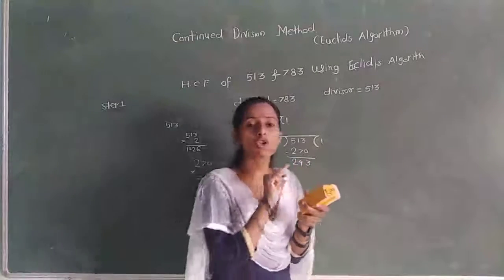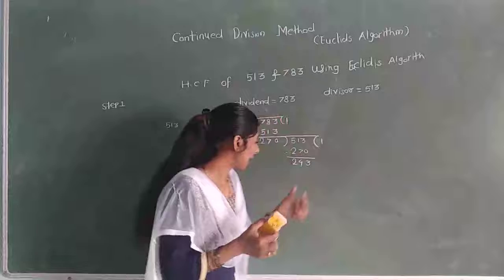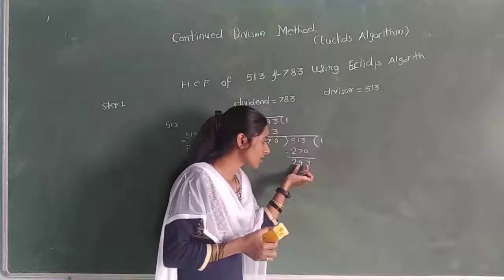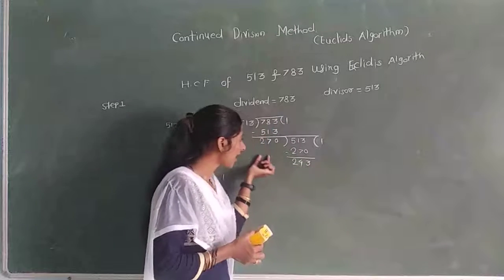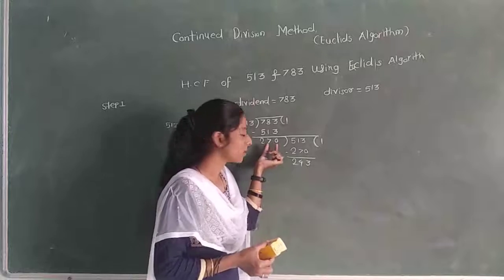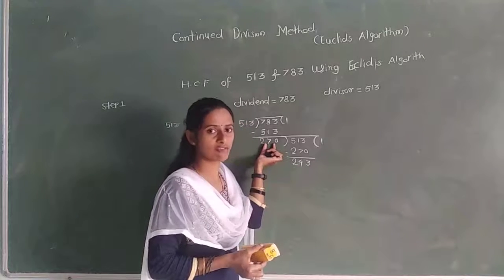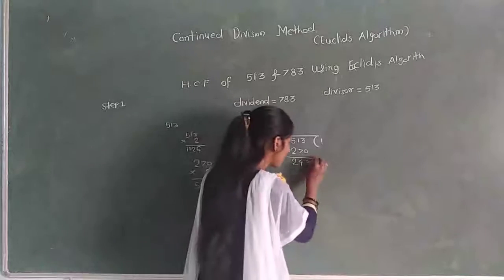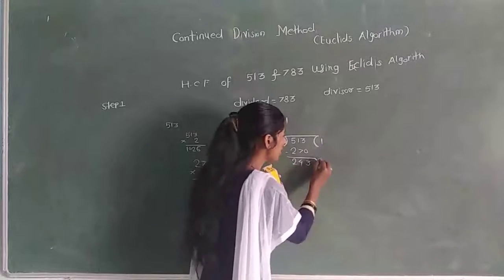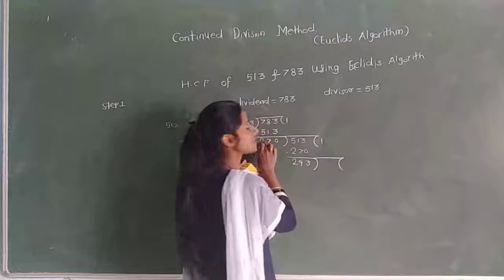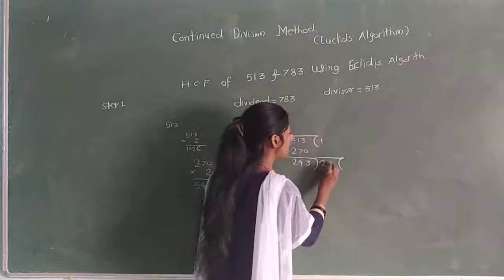Again the remainder is not 0. This is the next divisor, and the next dividend is the previous divisor, that is 270.